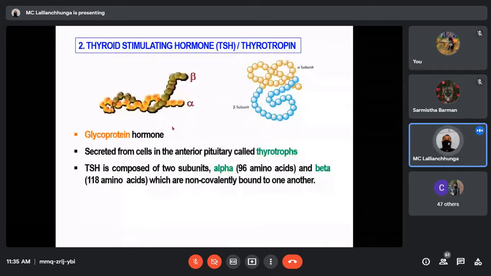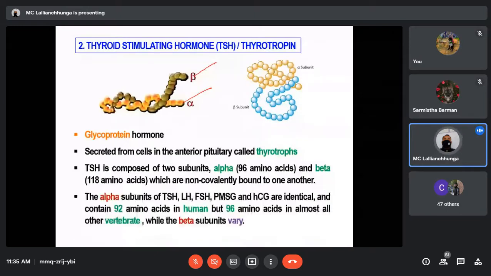Number one is the alpha subunit, which is composed of around 96 amino acids, and the second one is the beta subunit, which are covalently bound to one another. So this point is very important. The alpha subunits of thyroid stimulating hormone, luteinizing hormone, follicle stimulating hormone, pregnant mare serum gonadotropin, and human chorionic gonadotropin are all identical, similar.